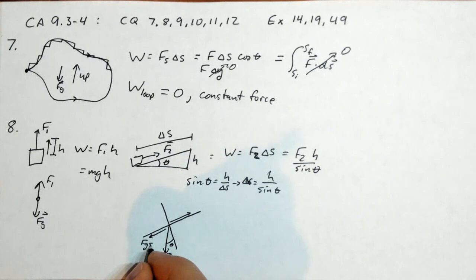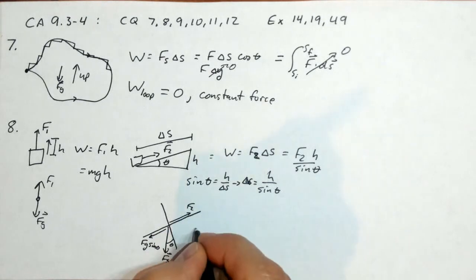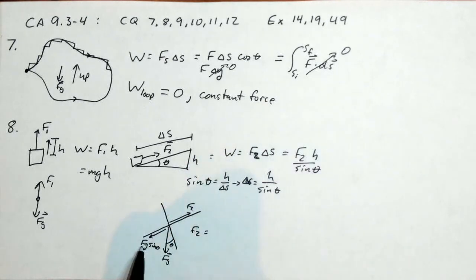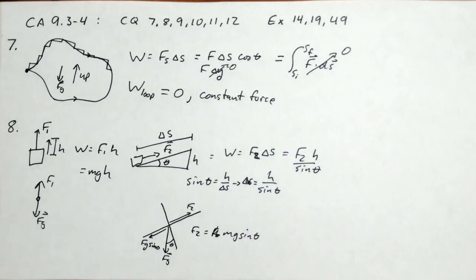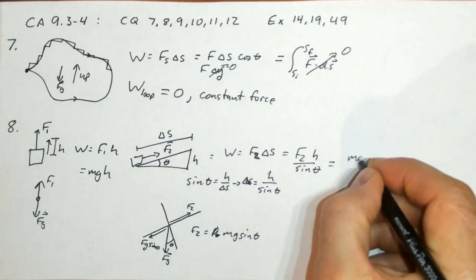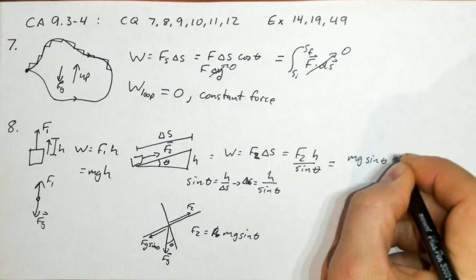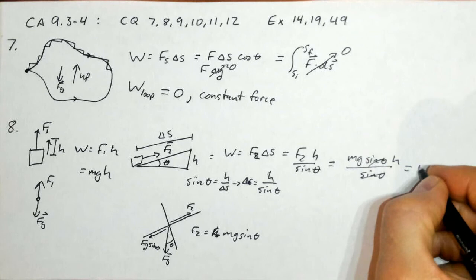This would be Fg sine of theta, and this is F2, so F2 must be equal to Fg sine of theta because they're at constant velocity, no acceleration. If I plug that in, I get mg sine of theta times h over sine of theta. The thetas cancel out, and I get mgh.